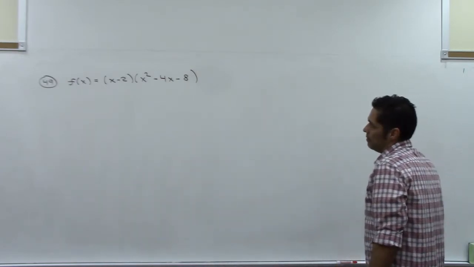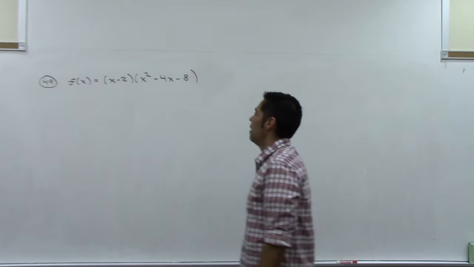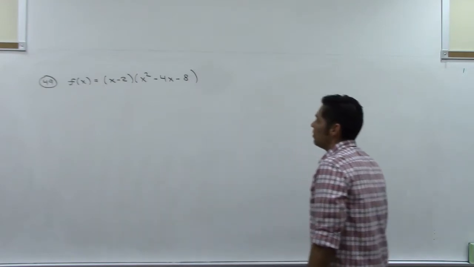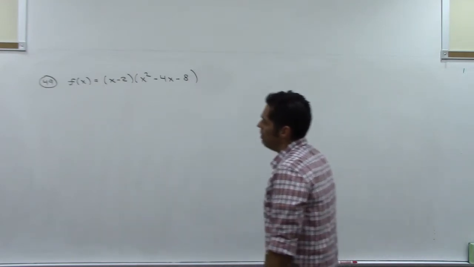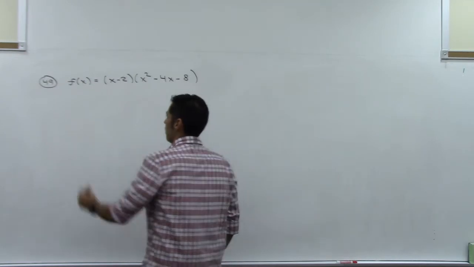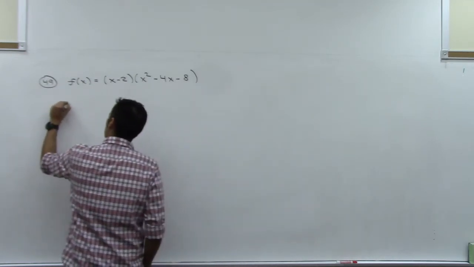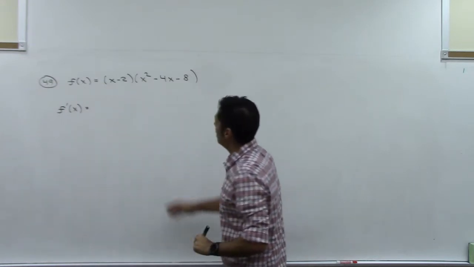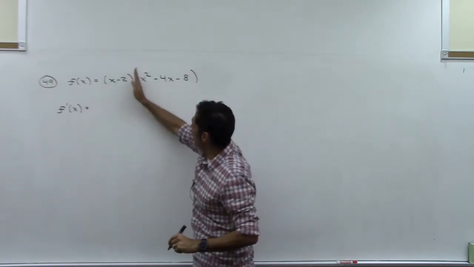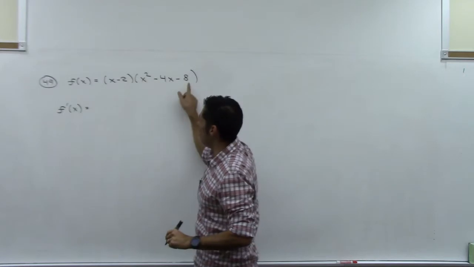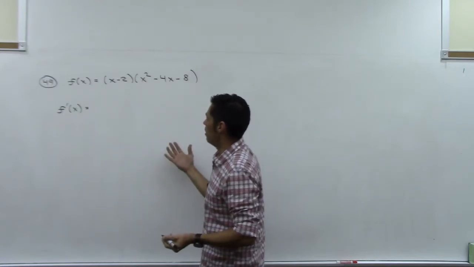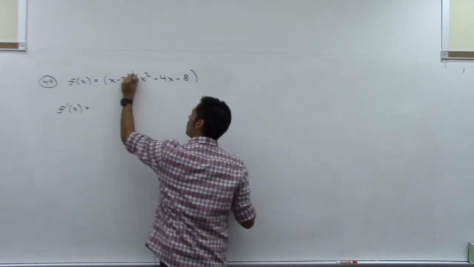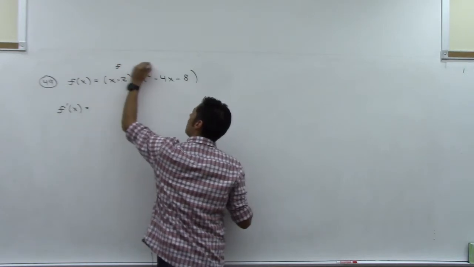All right, so let's take care of some of the issues first that involve the derivative. The first derivative of this function. To get the first derivative, I can use the product rule because I have a product here, or I can multiply this all out. I'm going to do the product rule. So we're looking at this as f, and then that's g.